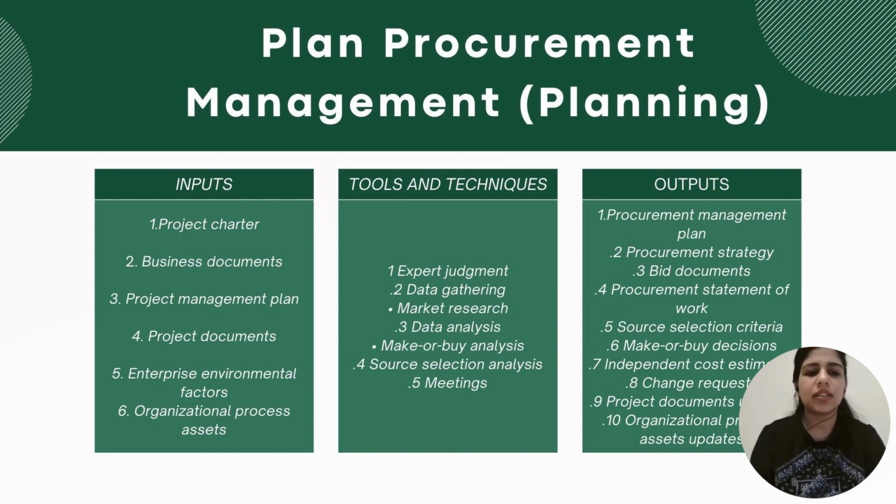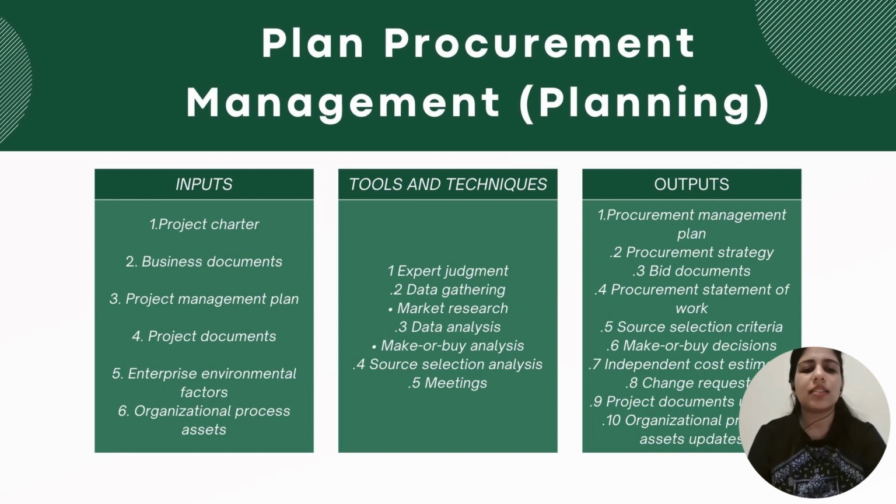Independent cost estimates are the estimates of expected cost of the project that are prepared by external sources. Change requests are the formal requests to modify a project scope, schedule, budget, cost, and how much time it is going to take.